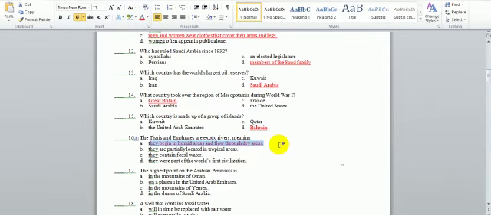Number 17. The highest point on the Arabian Peninsula is in the mountains of Oman, on a plateau in the United Arab Emirates, in the mountains of Yemen, or in the dunes of Saudi Arabia. If you're going to visit Yemen someday, you will find that Yemen mostly is plateaus and mountains.